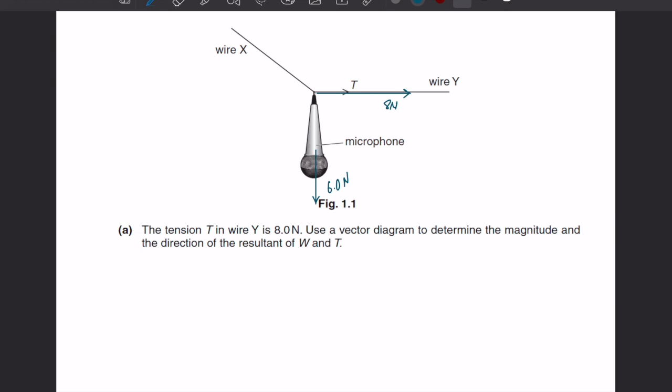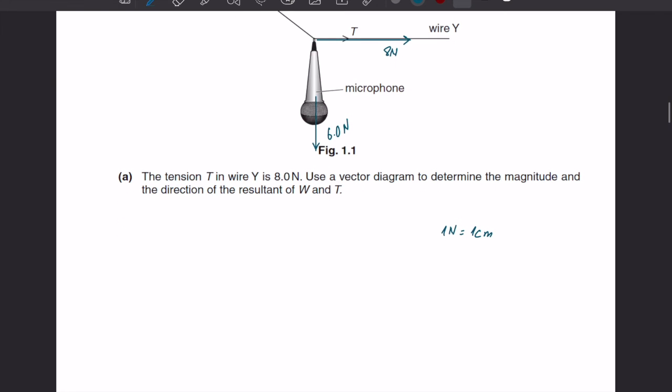So guys, what I'm going to do is that I'm going to first of all decide a scale. I'd say that 1 Newton equals 1 centimeter. And to find the resultant of these two vectors, I'm going to make a horizontal line of length 8 centimeter.